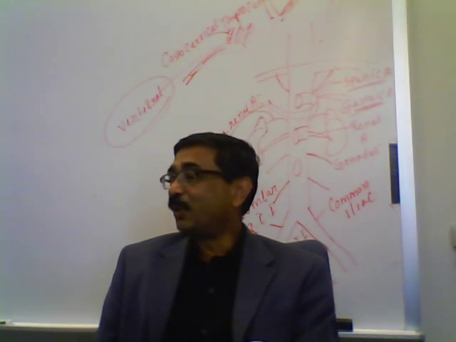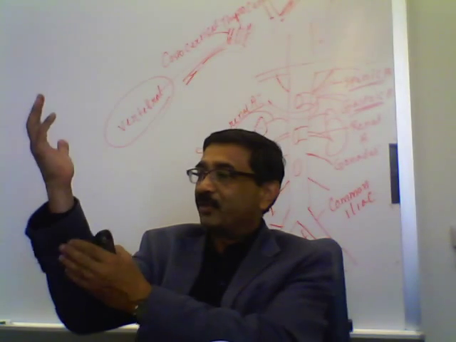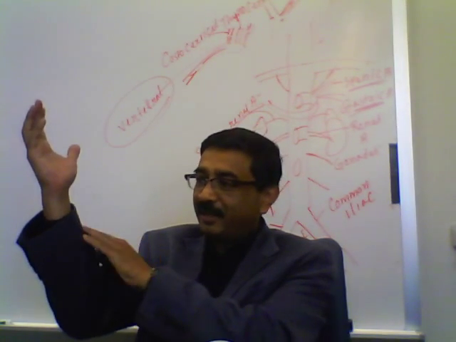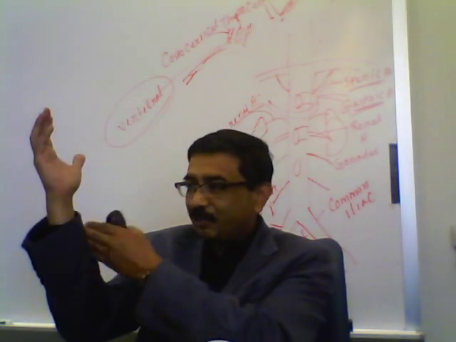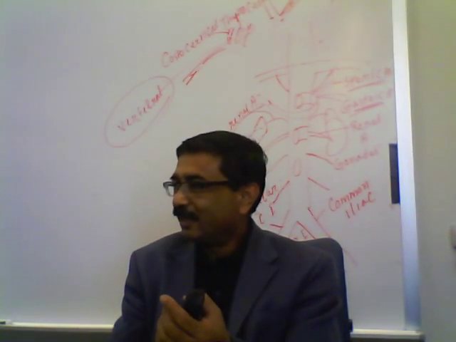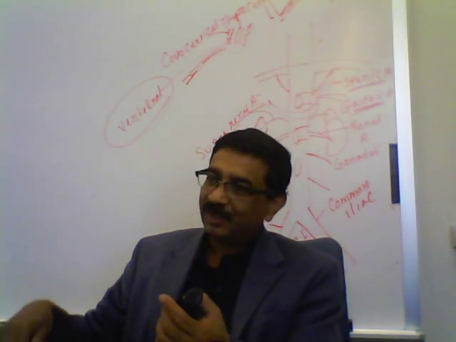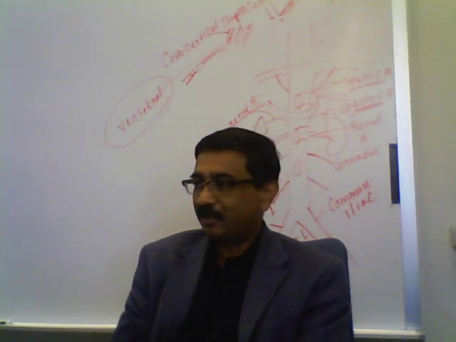Fibular, because those are two bones, right? Tibia and fibula. In your forearm, you have how many bones? Two, radius and ulna. So you have those two arteries. In your leg, you have tibia and fibula, right? Remember, there are two tibial, anterior and posterior, and you have one fibular.